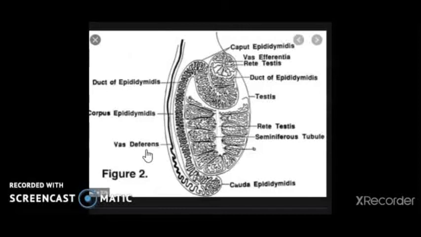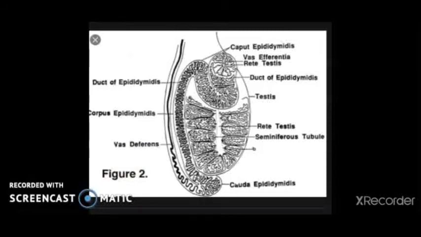The seminal vesicle is a part of the accessory glands. The vas deferens joins the duct of the seminal vesicle to form the ejaculatory duct. The ejaculatory duct passes through the prostate gland and opens into the urethra. The urethra provides a common passage for urine and semen, and hence it is also called the urinogenital duct.